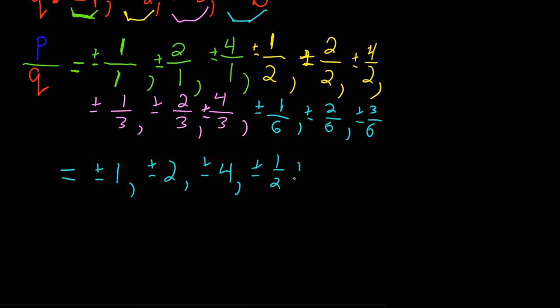Now the thirds we don't have, so we get plus or minus 1/3, plus or minus 2/3, plus or minus 4/3. And then we get plus or minus 1/6. This becomes 1/3, which we already have. And this becomes 1/2, which we already have.